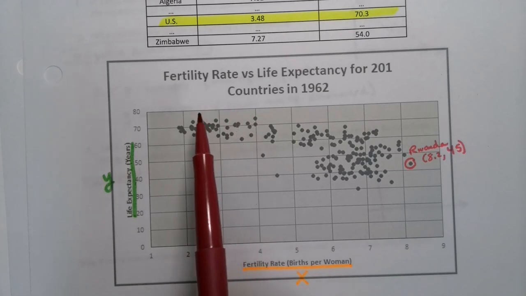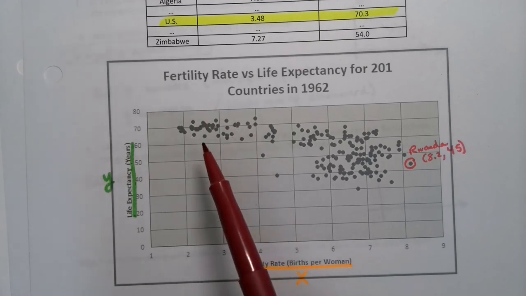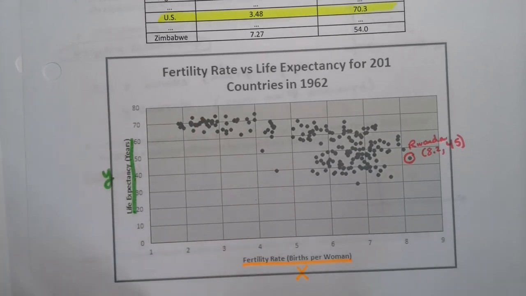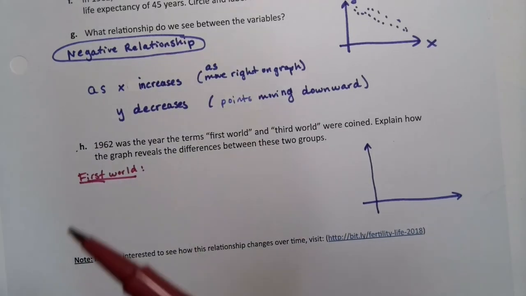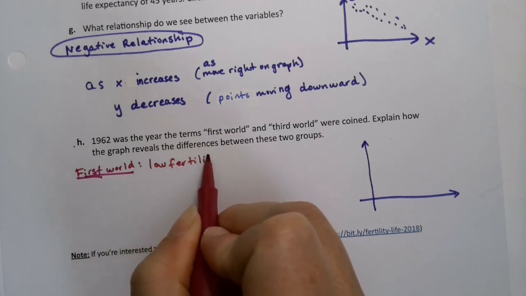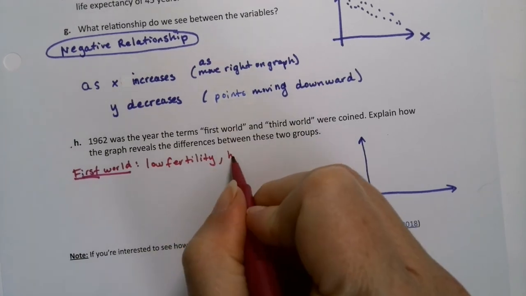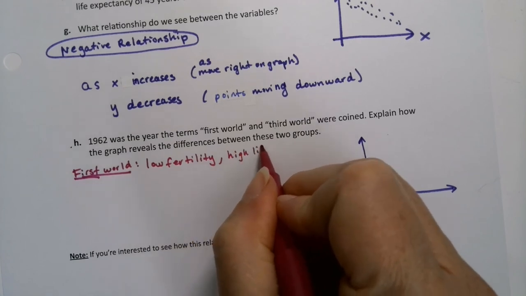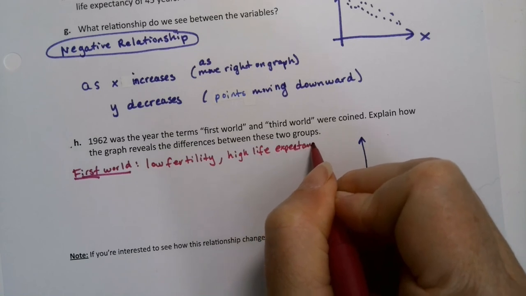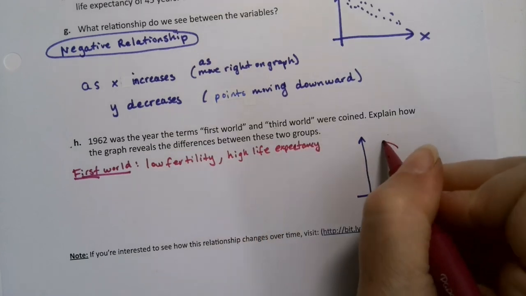Now, what do these countries all have in common? They have a low fertility rate and they have a high life expectancy. So, low fertility, high life expectancy. In other words, they have small families.